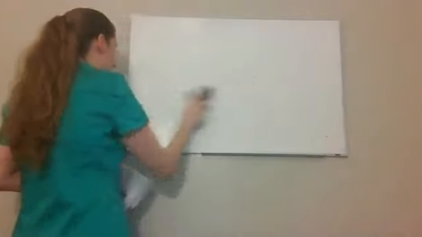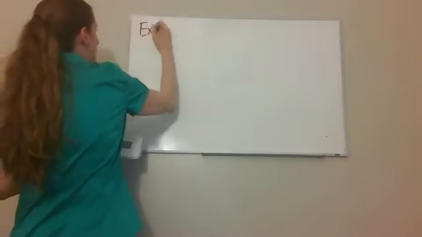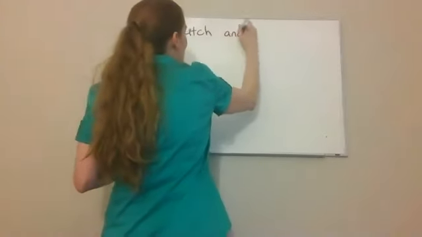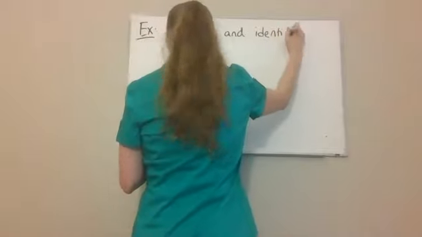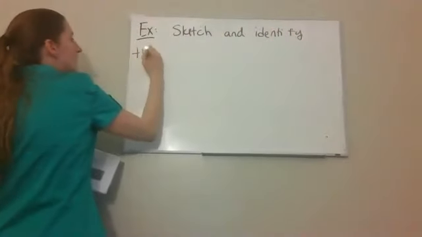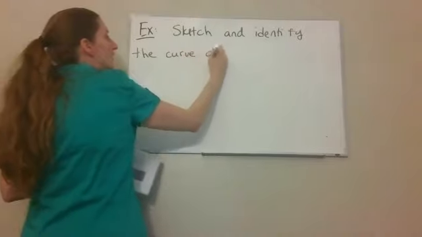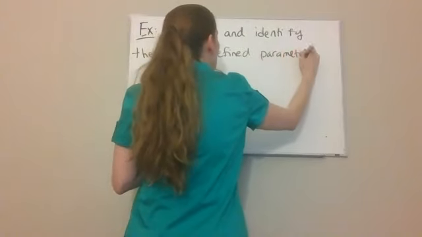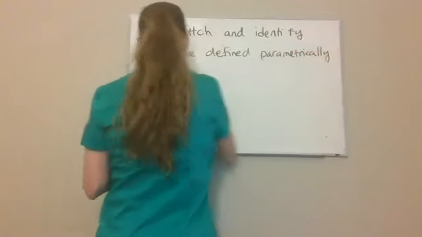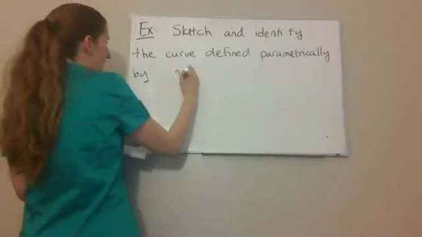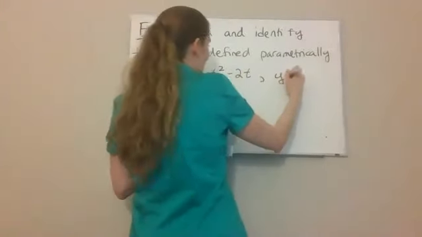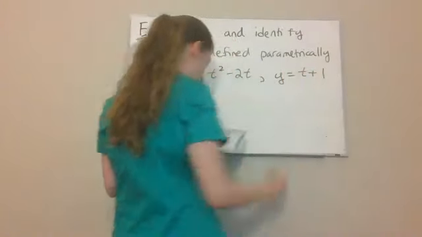So let's do an example tracing out a parametric curve. Let's sketch and identify the curve that is defined parametrically by the equations x equals t squared minus 2t and y equals t plus 1.